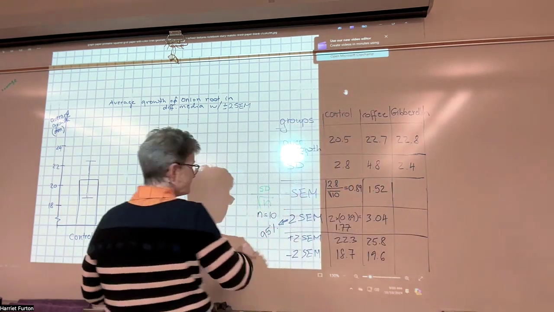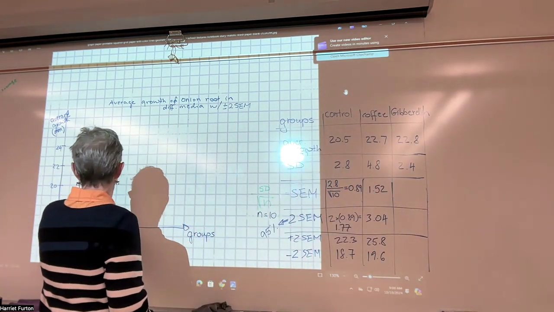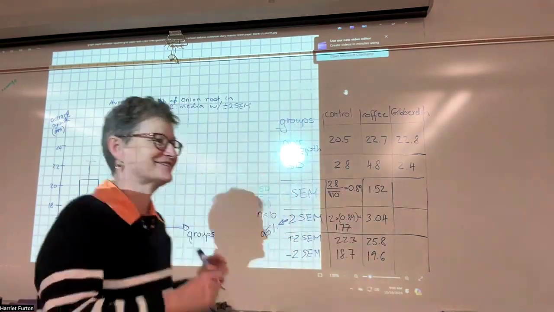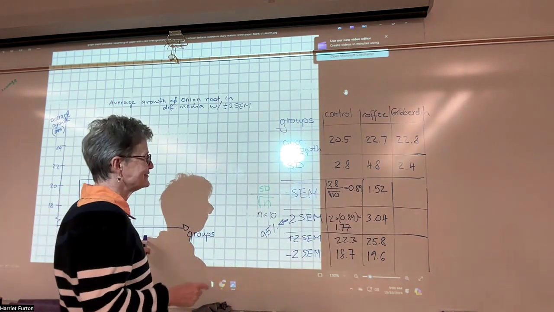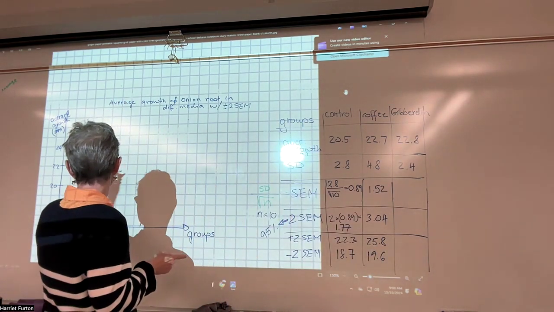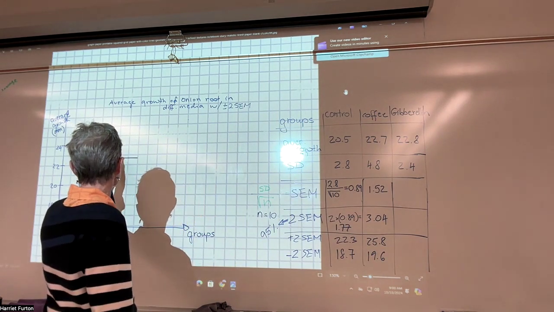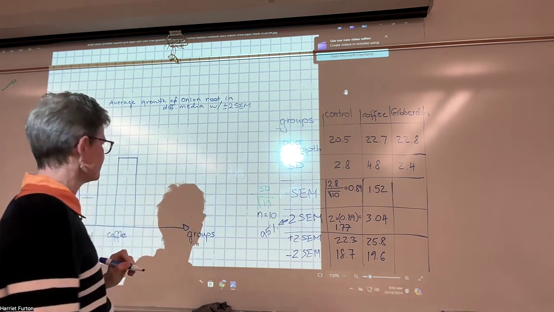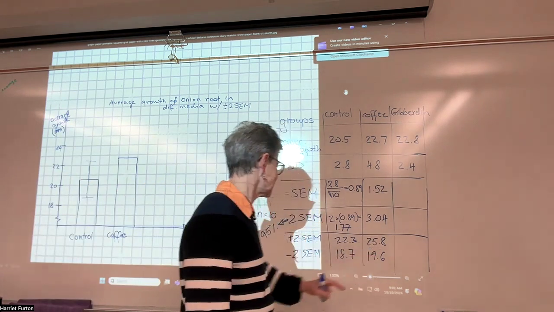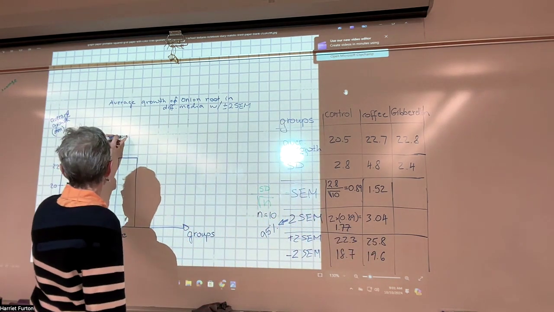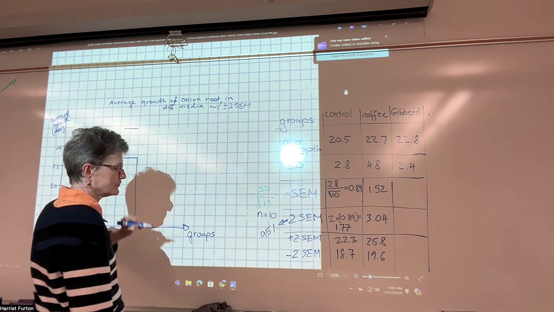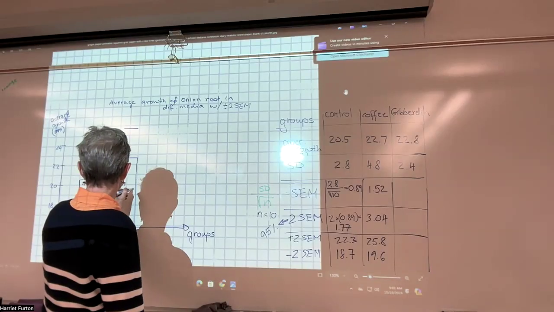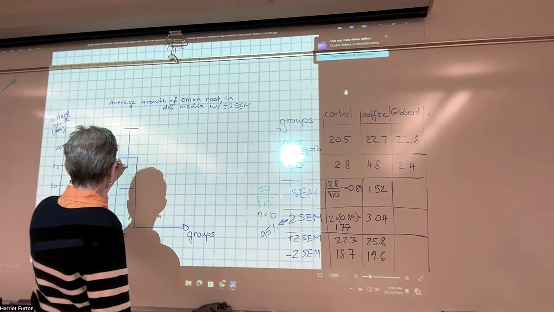The average value is 22.7, so here is 22.7. And we add 2 SEM to it, 25.8 would be here, and 19.6 is going to be here. So this is the error bar.